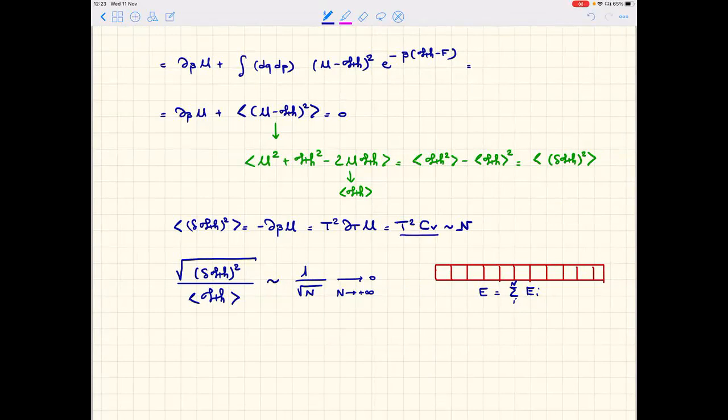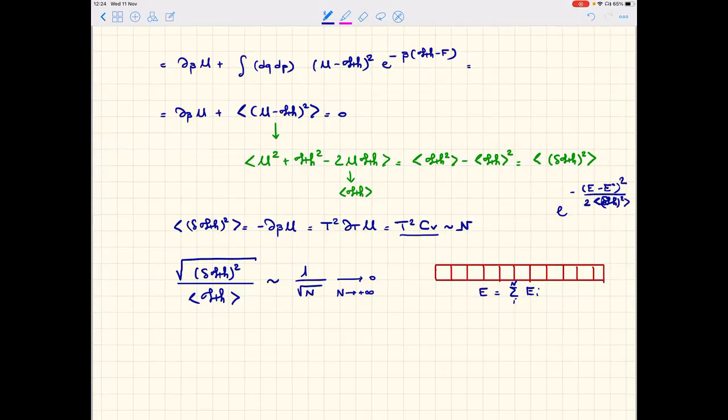It scales like N. When I have e to the minus (E minus E star) squared divided by 2 CV T squared, I obtain in that formula that this (E minus E star) squared divided by 2 delta, right?